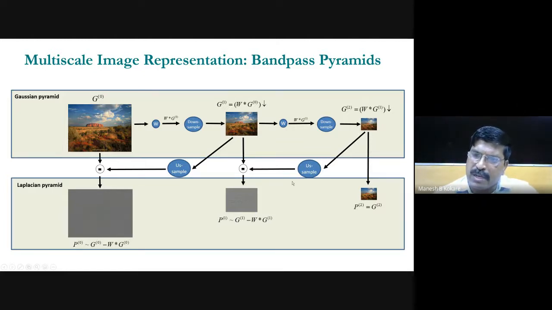The size of this reconstructed image will be like this, but whatever high frequency components are there will be missing here. You have this low frequency component of the same size, and here you have both high and low frequency. When you subtract this low frequency component, you get only the high frequency. So you get more prominent edges compared to the previous one.